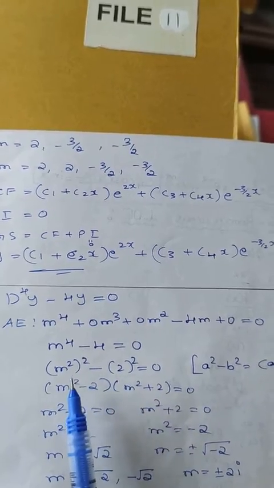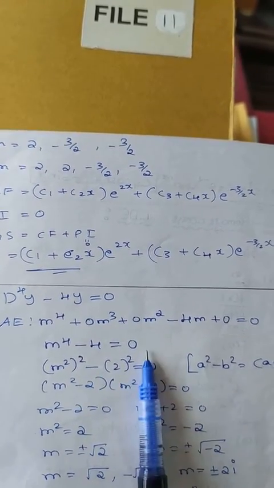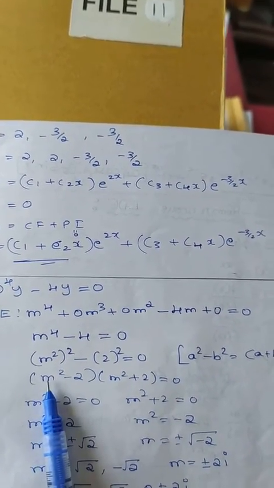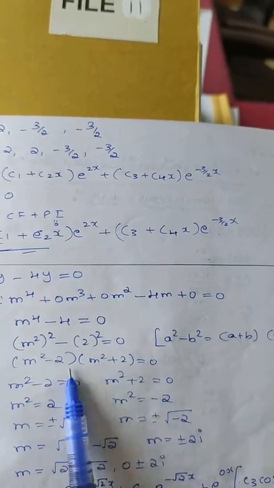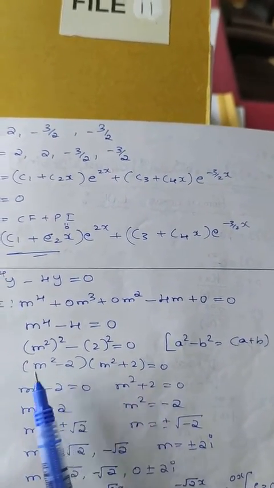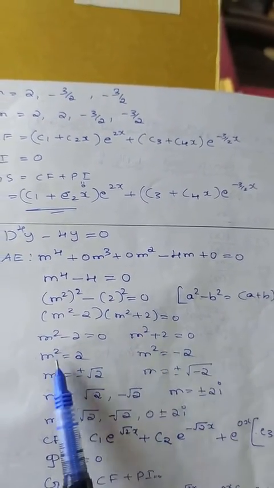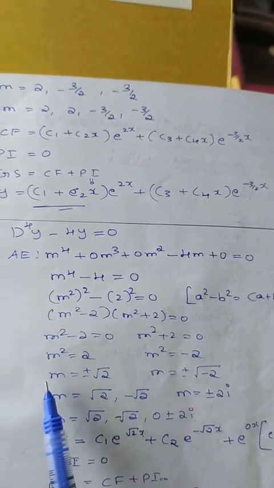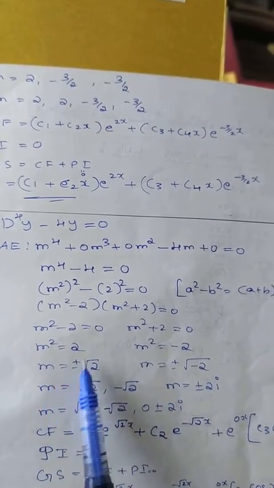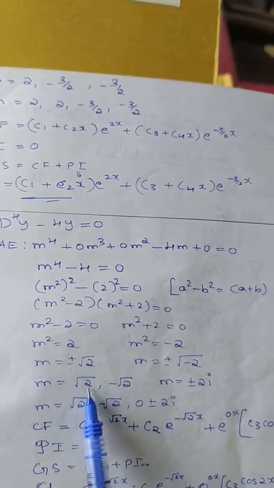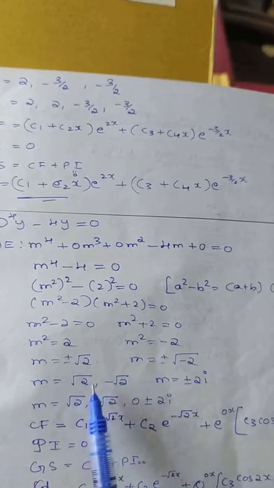This can be done by using the a square minus b square formula: a plus b into a minus b, or a minus b into a plus b. This is your first equation. Second equation, m square is equal to 2. If m square is equal to 2, m is plus or minus root 2, or the roots are minus root 2 and plus root 2.